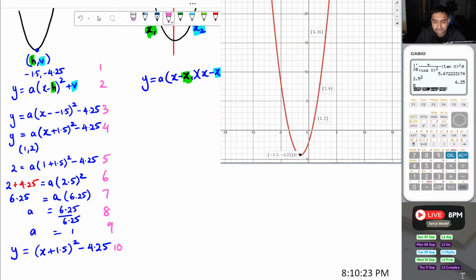If you look at this part right here, the 1.5 and the negative 4.25, I'm going to try and write it here because there are multiple screens, as I said. Yeah, there we go. So this is where the h and k comes from. It's that particular point.